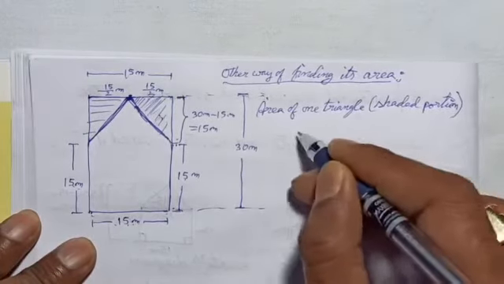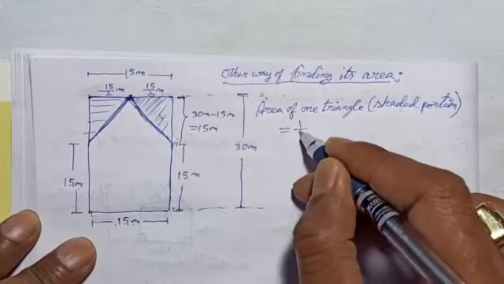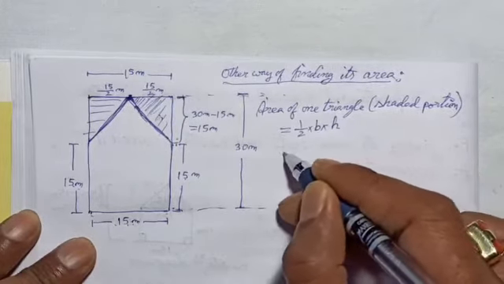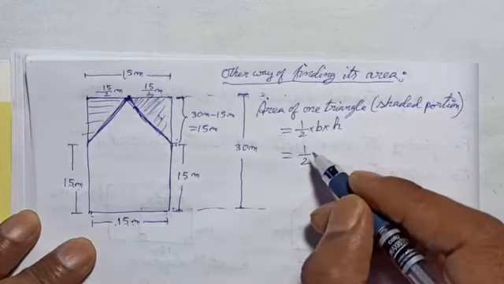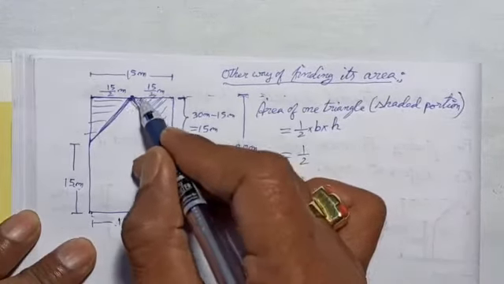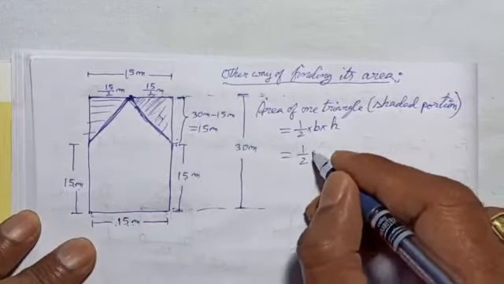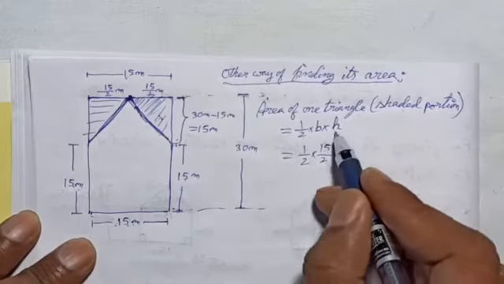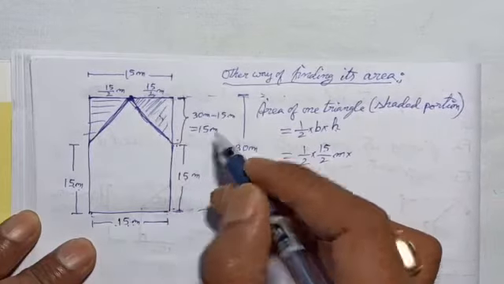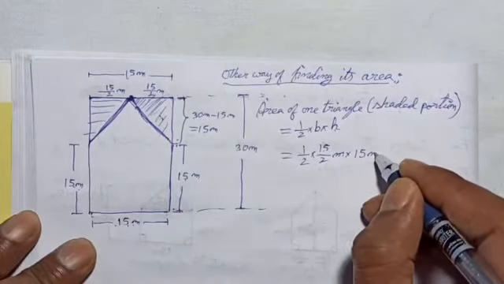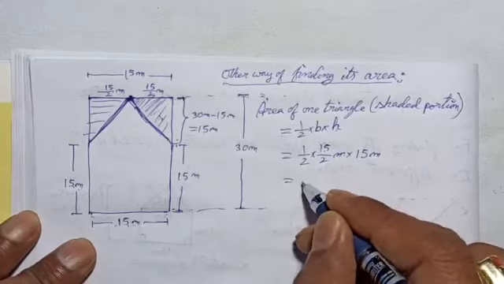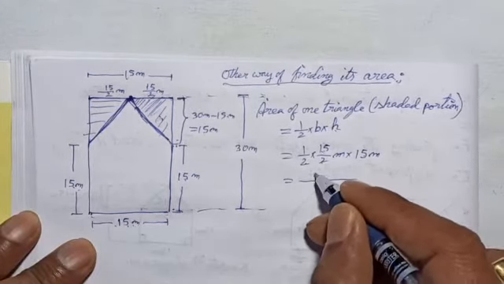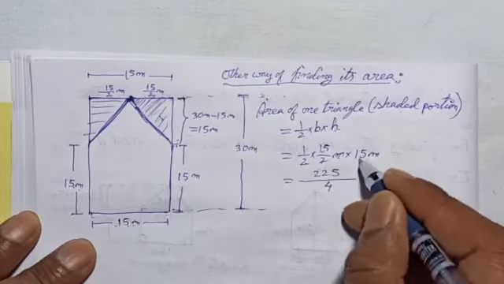The formula to find out area of a triangle is half base into altitude. So half, here base is this 15 by 2 meter, and this height is from here up to that, that is 15 meter. 2 times 2 is 4. 15 into 15 is 225 meter into meter is meter square.